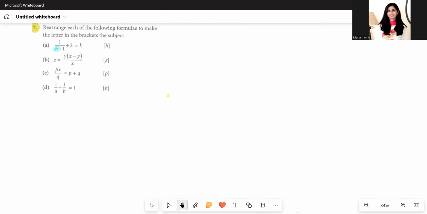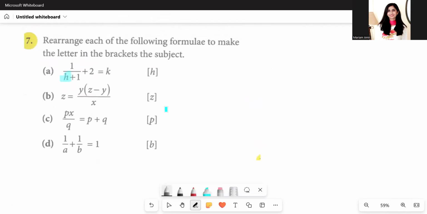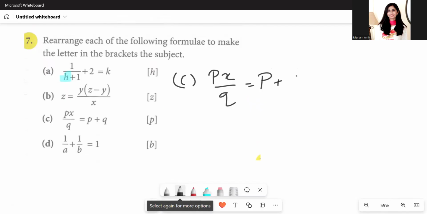Okay, part C. Px upon Q equals P plus Q. Okay, we have to make P the subject. What must we do? Yes. Px equals P plus Q square. We have, again, there's a problem.